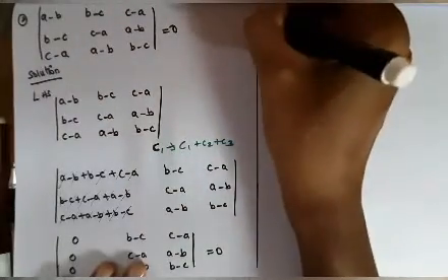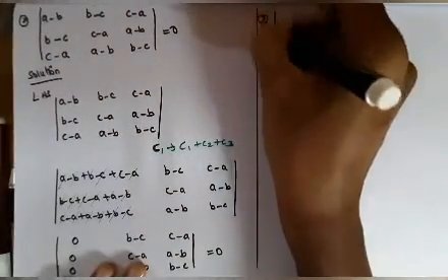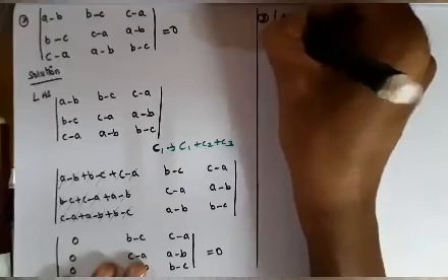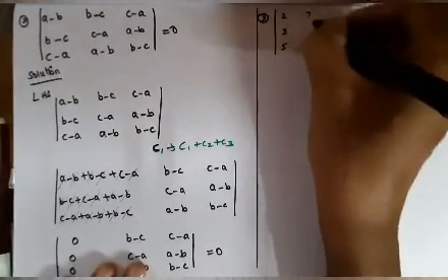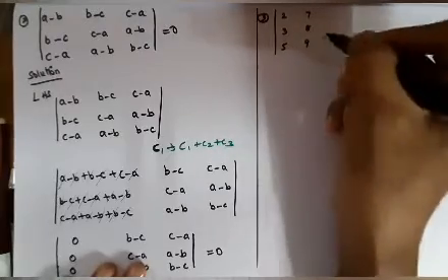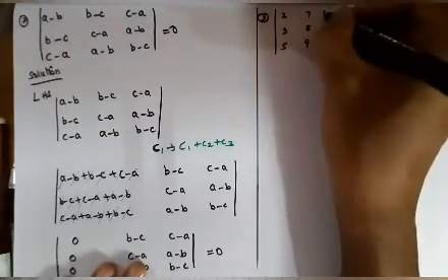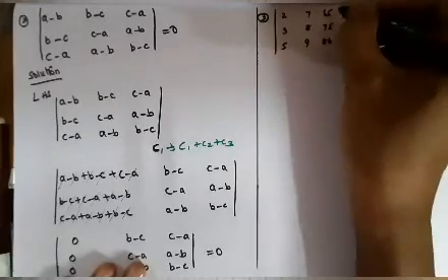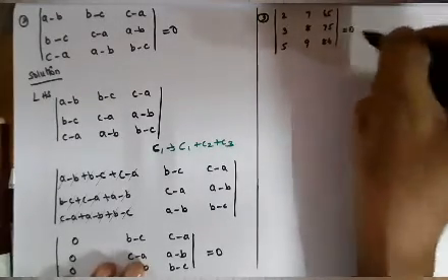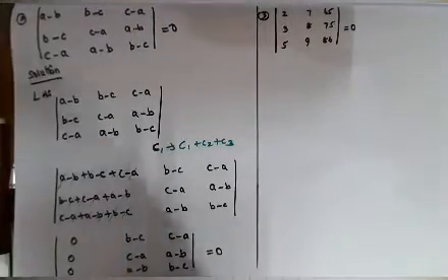Question number 3. The determinant of 2, 3, 5, 7, 8, 9, 65, 75, 86 equals 0.